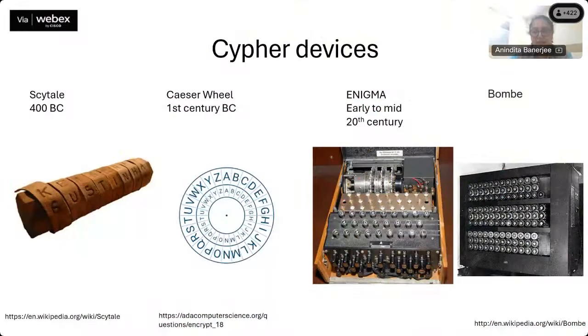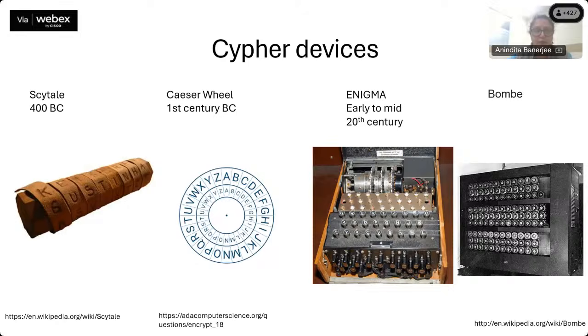Here I have listed some of the preliminary cipher devices to tell you that as society changes, as society develops, as technologies are introduced into society, our cipher devices have also been impacted. Cryptography has been impacted.